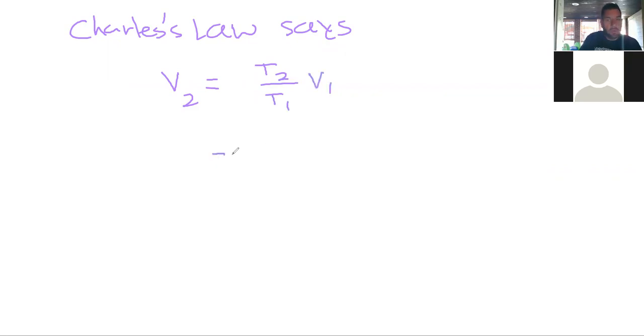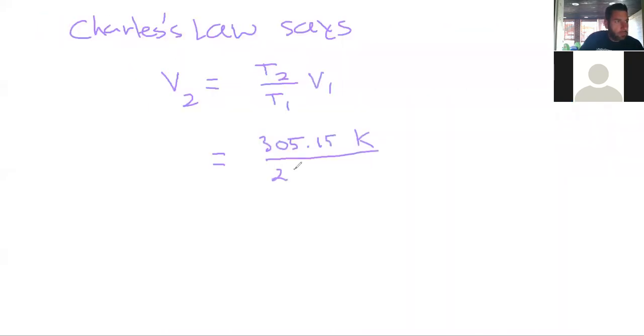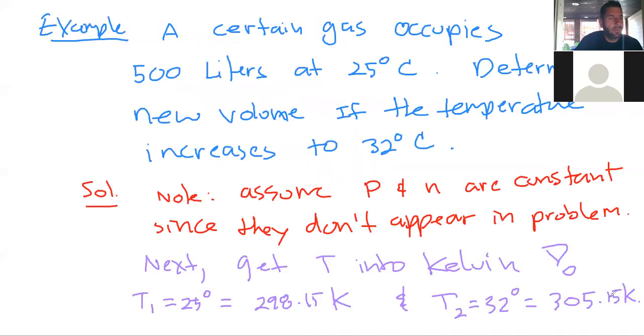And so we can plug these things in. We have 305.15 Kelvin over, what was it, 298.15. And then our initial volume was what? I forget already. 500 liters.